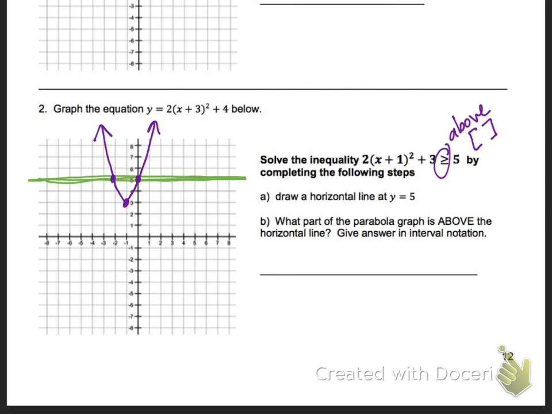And it also means that I'm going to have 2 sets of intervals, because if it's above, I've got this side, then I take a break because it's above in 2 places. It's above to the left of -2, and then it's above to the right of 0, and these are x values. So 0, -2. But then between -2 and 0, it's below.